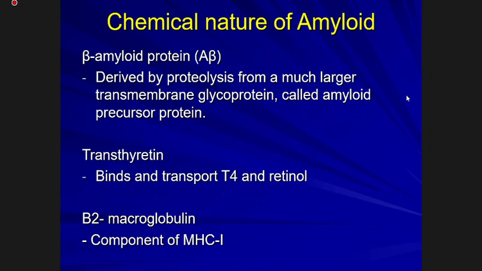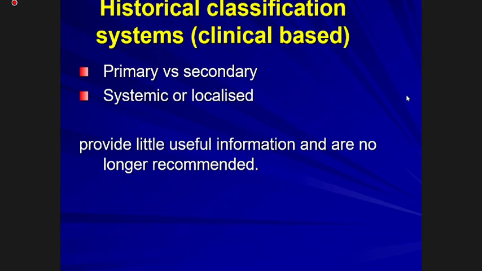Transthyretins are actually normal proteins which transport your thyroxine and retinol. Mutations of this transthyretin protein can lead to amyloid protein. Beta 2 microglobulins are actually a component of MHC1, so it is secreted in large amounts in a patient with renal failure. All right, so how do you classify amyloidosis?